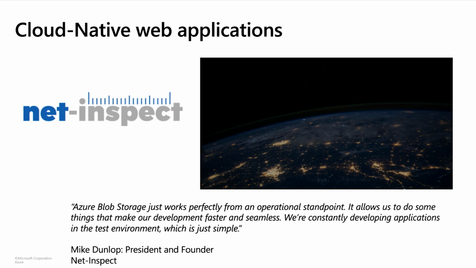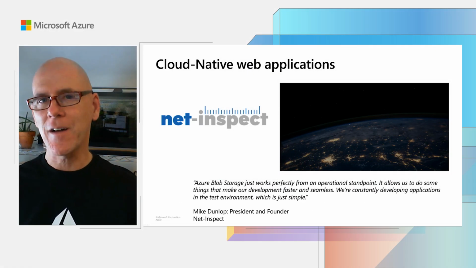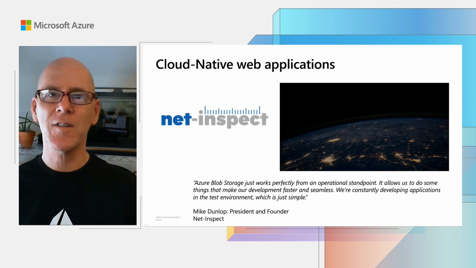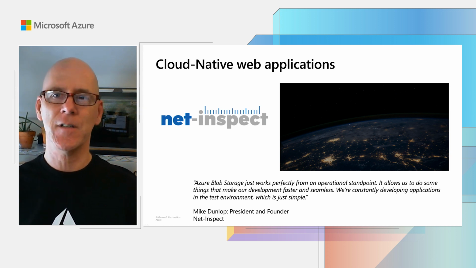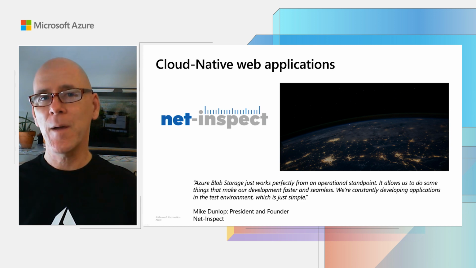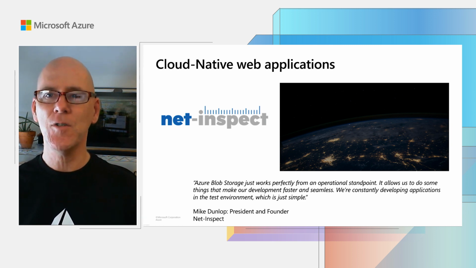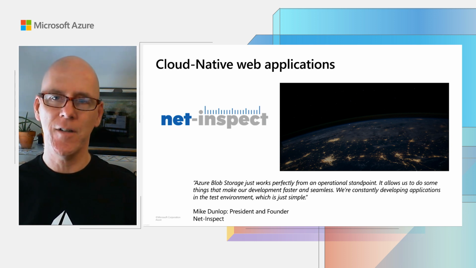Now I want to take a deeper dive into one customer, NetInspect. So NetInspect has built one of the most used enterprise quality management systems, focusing on aerospace companies such as Boeing, Rolls-Royce, Honeywell, and Raytheon. Now when you think about it, airplane manufacturing is incredibly complex, including up to 26,000 suppliers in 60 different countries. Now when they moved to Azure Blob Storage, they imported hundreds of millions of documents into Blob Storage for the sole repository for all static content.